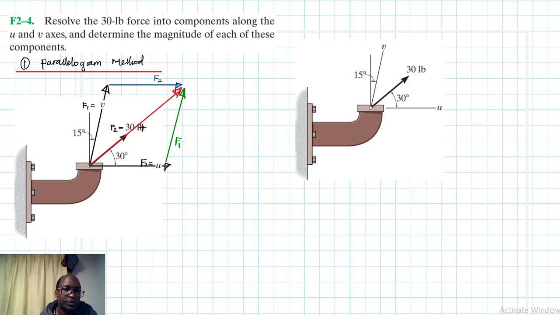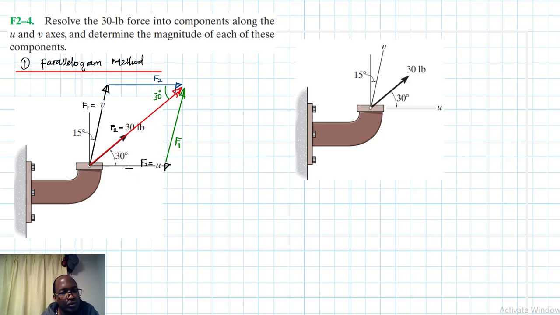So let's add in some angles. Let's look at F2. This angle here is similar to this, right? You agree? So this one is 30.